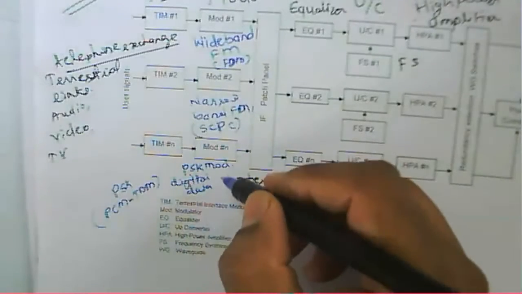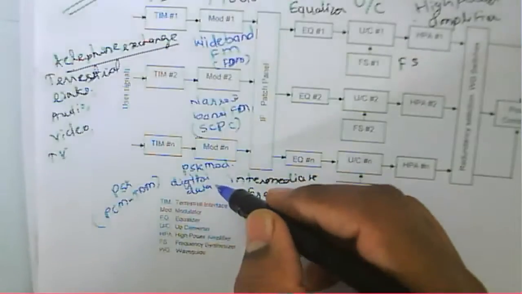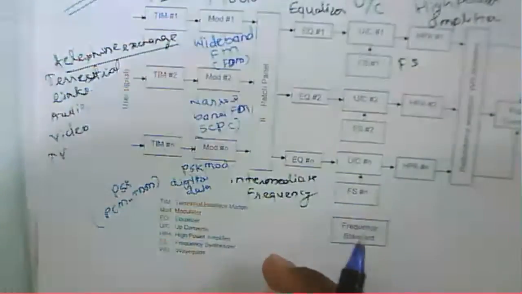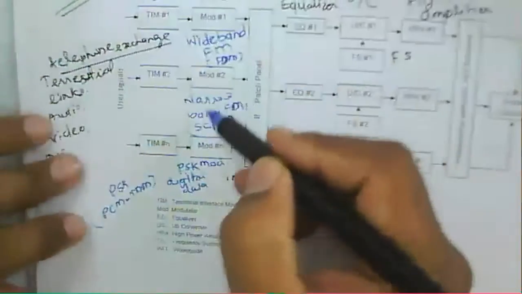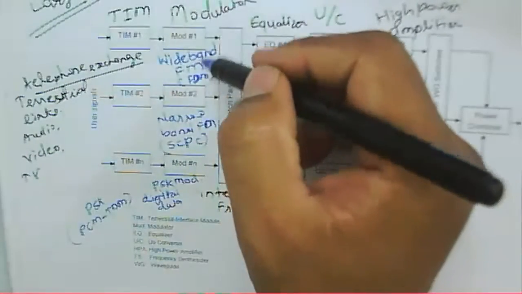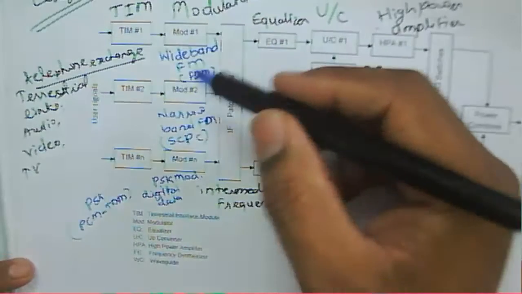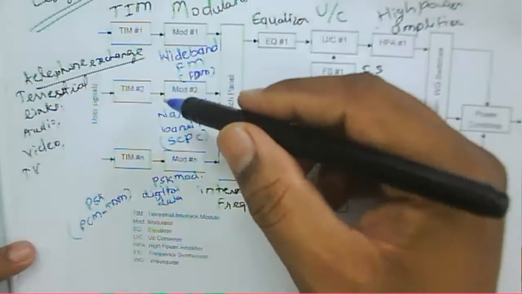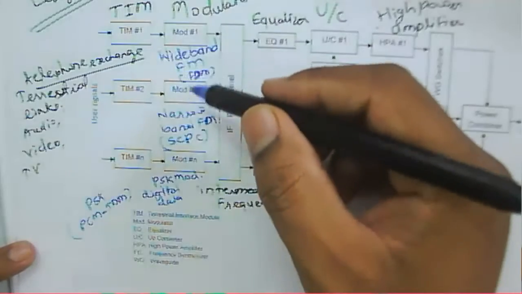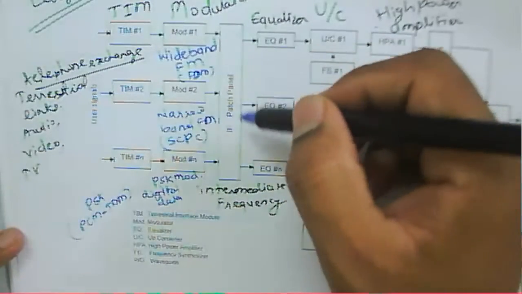So that PSK modulator is generally useful for the voice channel or a digital channel there. That is about a modulator. Then whatever the signals are modulated here, whether analog channels or digital data, all the modulated signals will go through this IF patch panel.